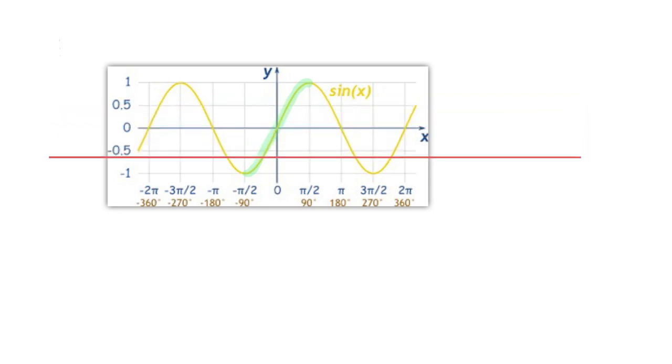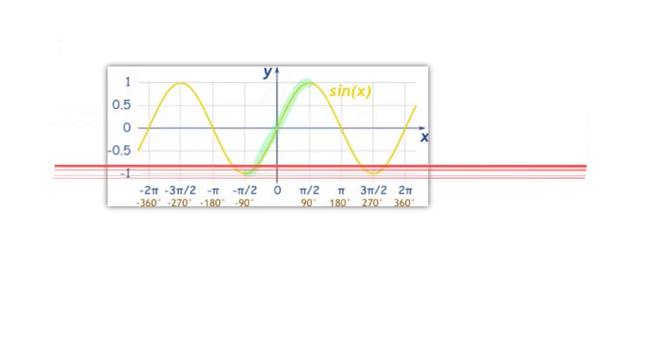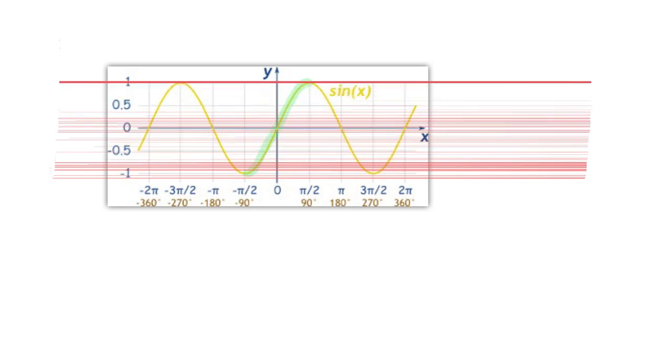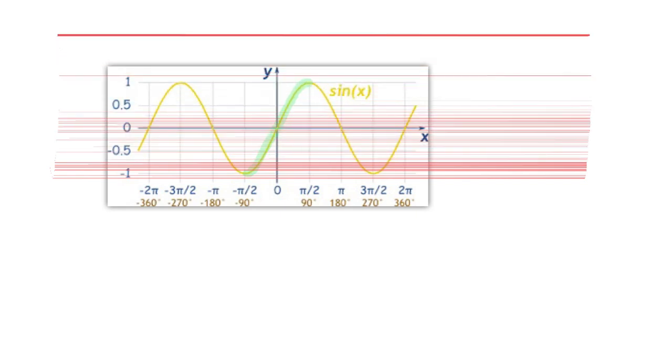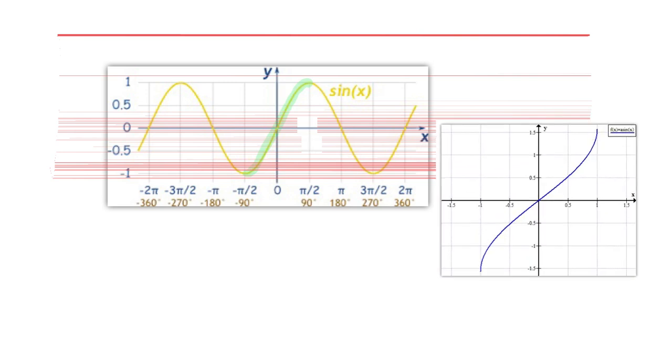That region between negative pi over 2 and pi over 2, okay? So therefore, we could say that the sine function with a restricted domain from negative pi over 2 to positive pi over 2 does indeed have an inverse function called arcsine, right? So here's the graph of arcsine.